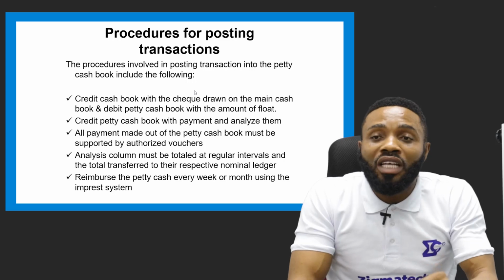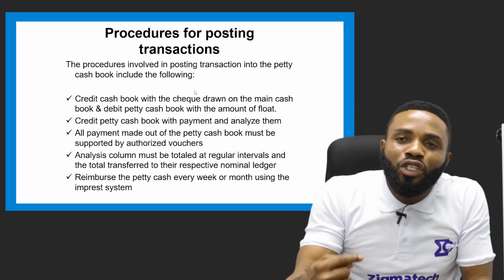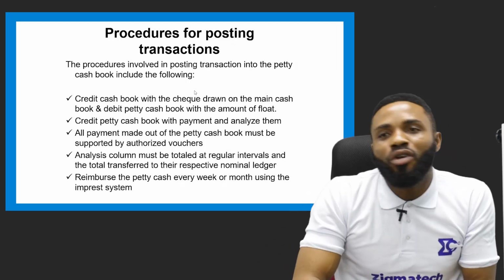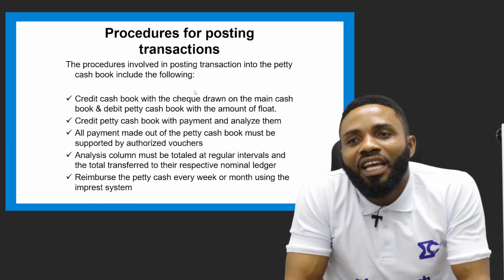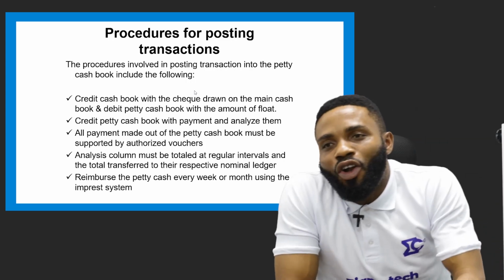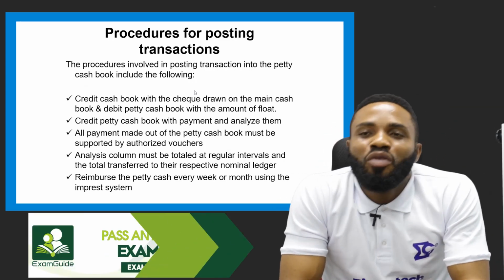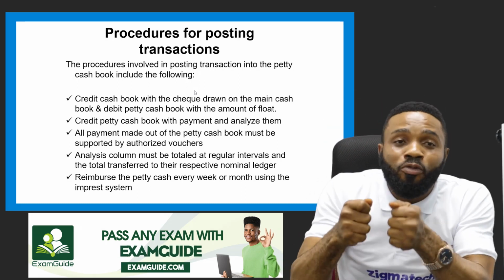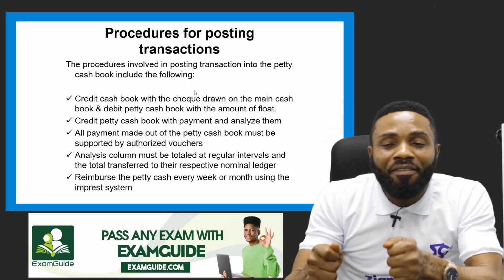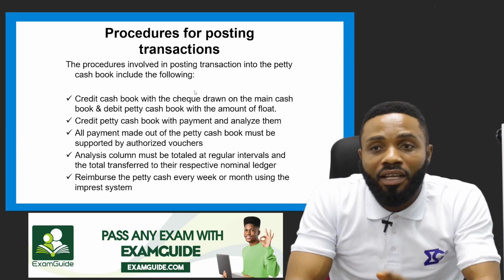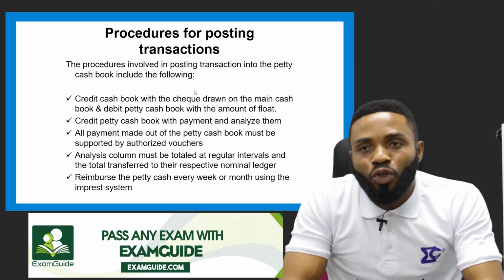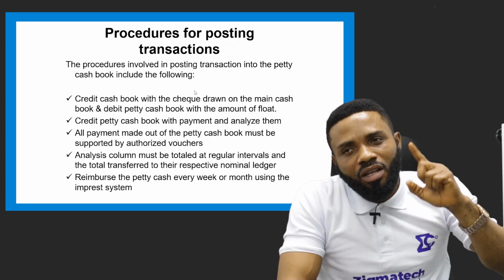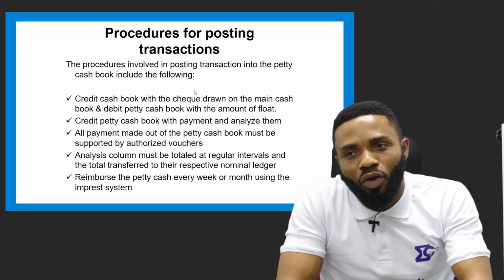So when an auditor comes, the auditor will take this voucher to find out if what you are saying is a lie, because you can misinform the company. I spent 5,000 on stationery, meanwhile what you actually spent was 1,000 naira. The voucher will prove what you actually spent, and then the auditor will know what to do. So all payments made out of the petty cash book must be supported by authorized what? Vouchers.